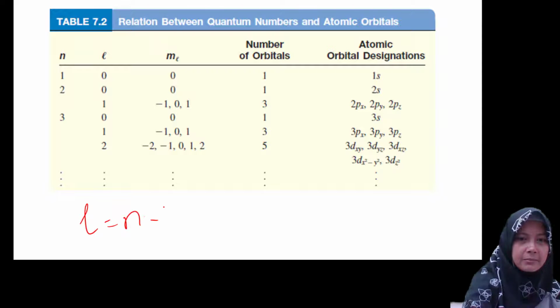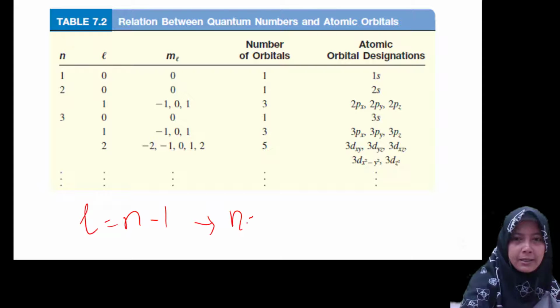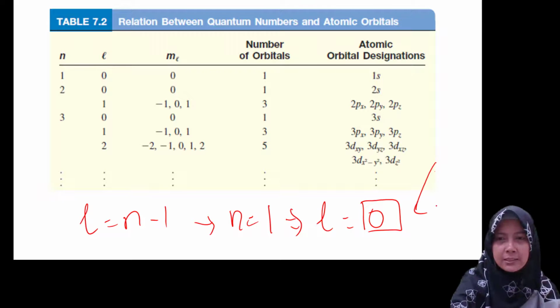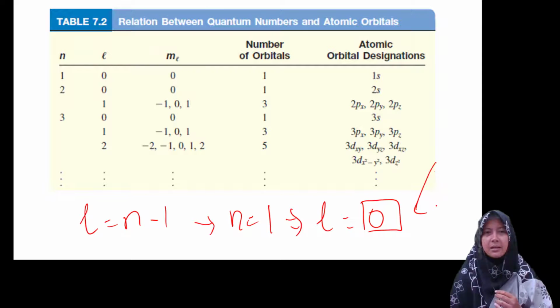So if n is equal to 1, L only has 0, which shows that it is an s orbital. With n equal to 2, L has the maximum of n minus 1, which is 1, so it will have 0 and 1. So in the second shell, we may have the s orbital and also the p orbital.